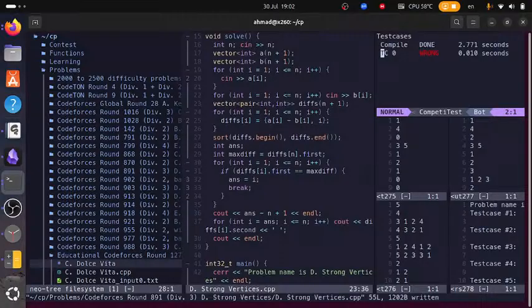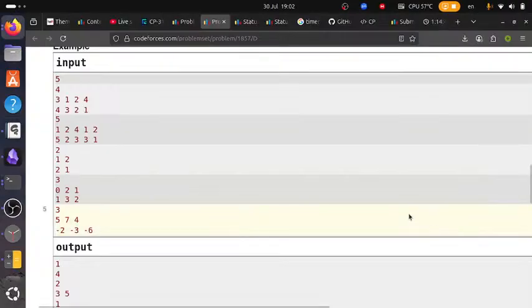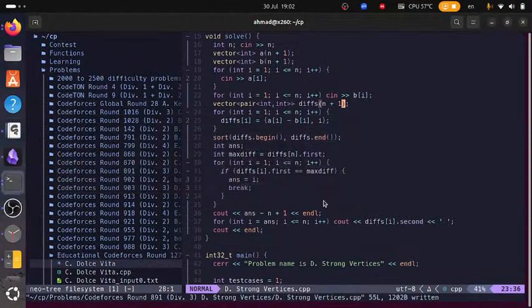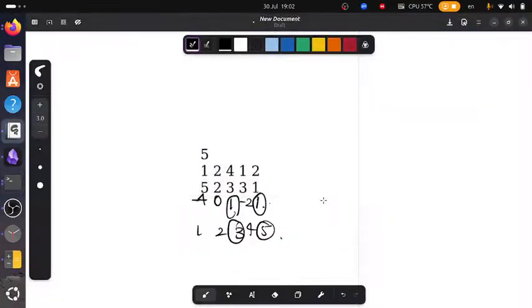What is going on with this right here? So what should have happened was that after we sort this, we get here, and then we stop.